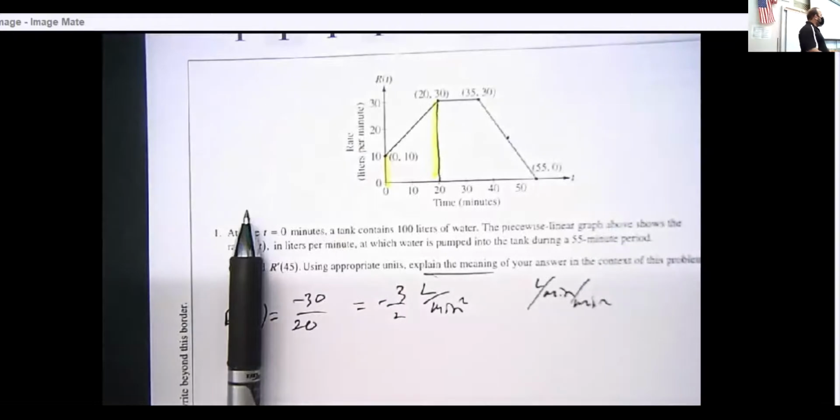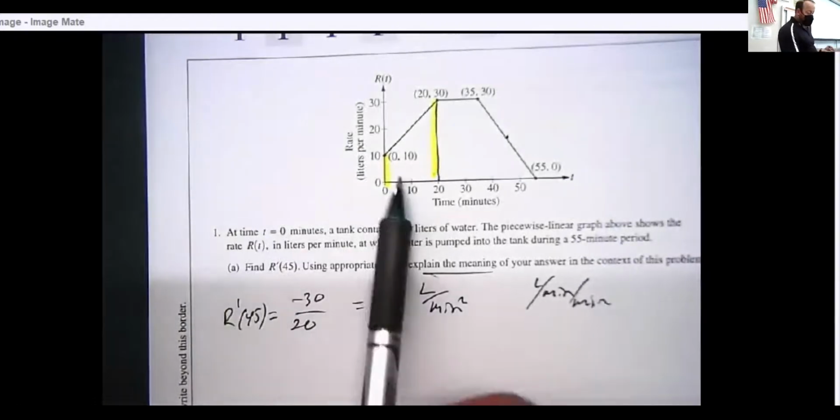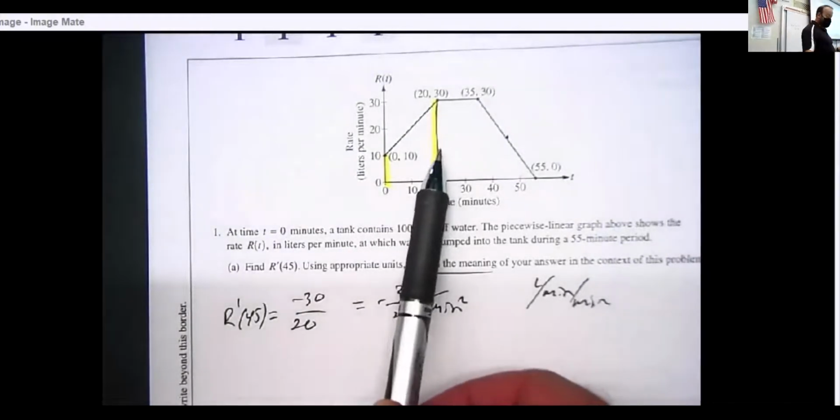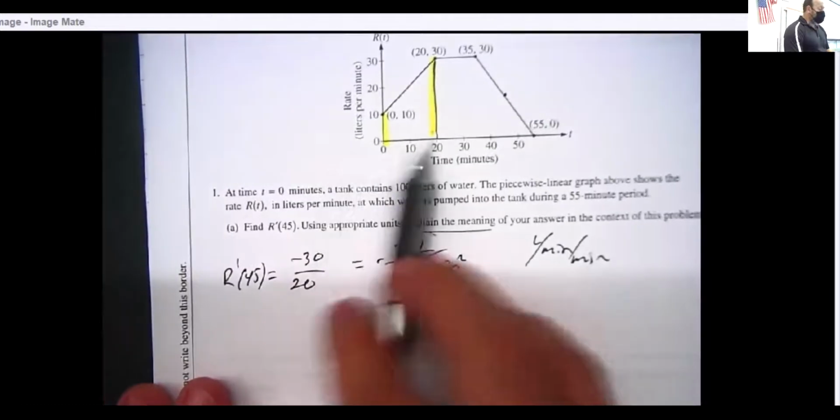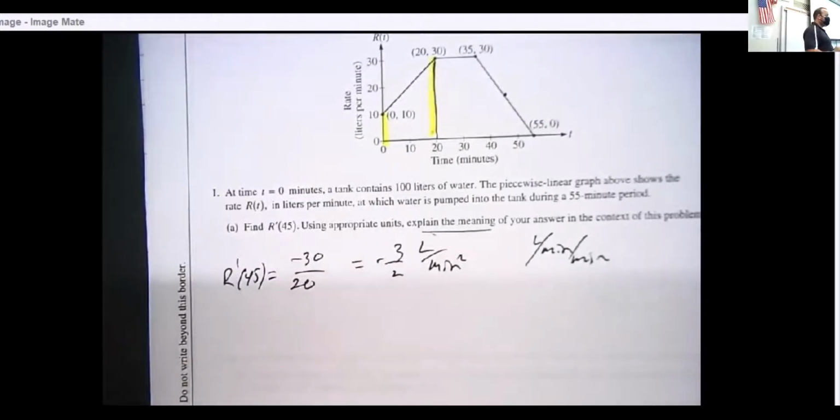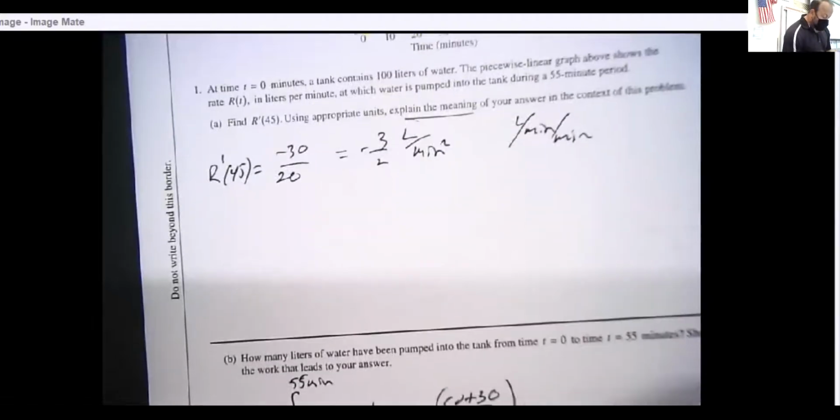The formula for a trapezoid is base 1, 10, plus base 2, 30, divided by 2, times the thickness. Well, how thick is this trapezoid? It's 20. Now, this is the portion, I believe, where you can have a calculator, but you really don't need it because they made them pretty nice.